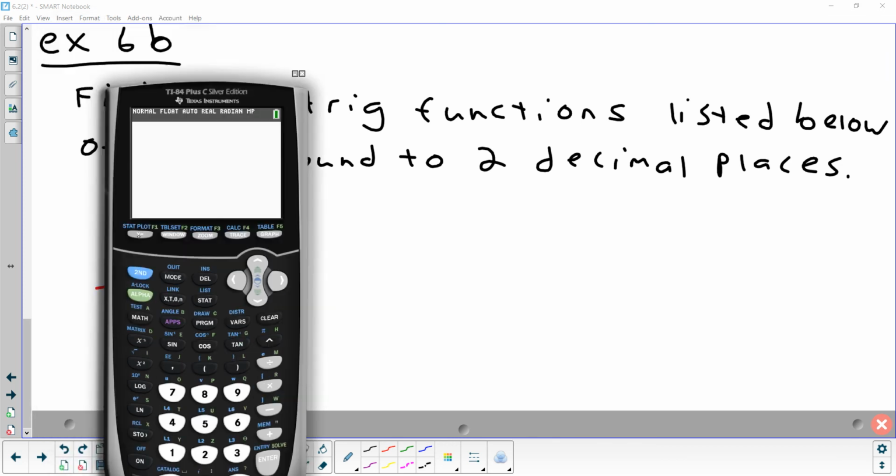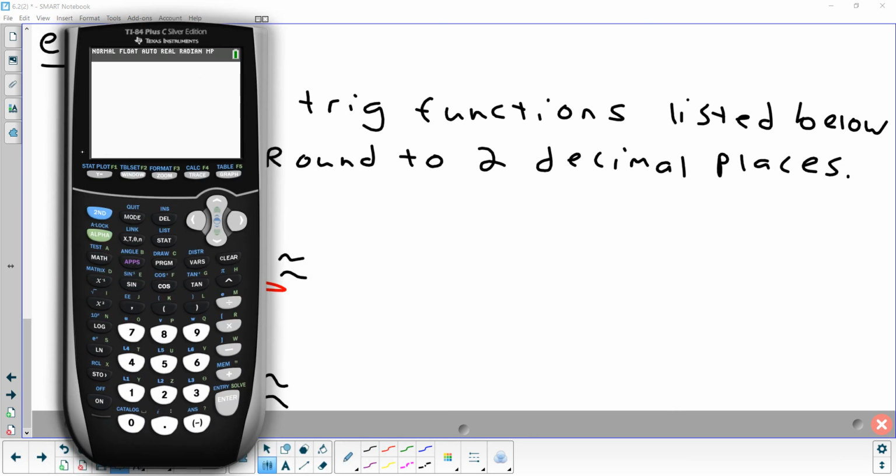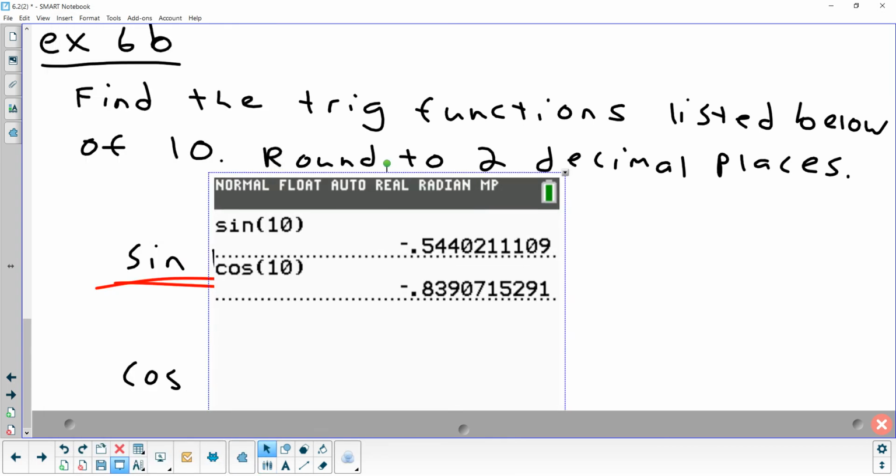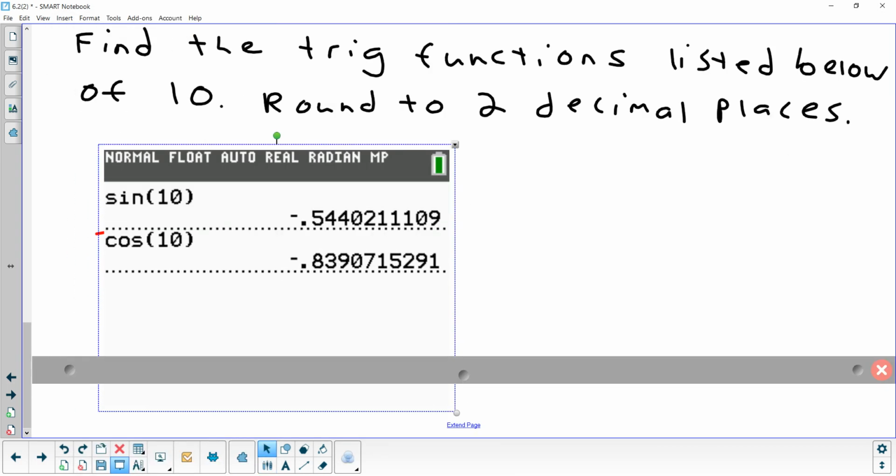Maybe yours does too, depends on the model. Press sine, 10, enter. Cosine, 10, enter. And those are the 2 answers you should get. Negative 0.54 for the sine, and negative 0.84 for the cosine.